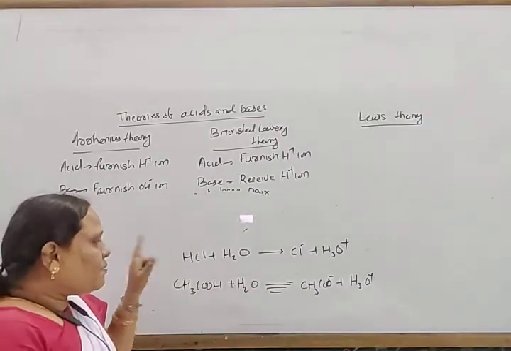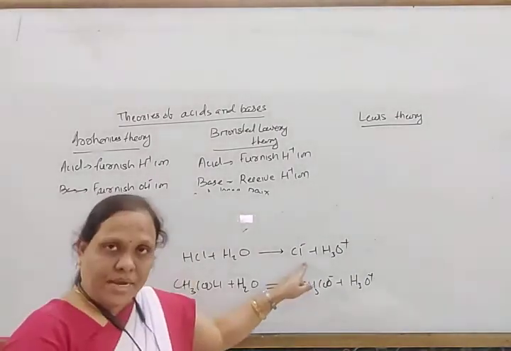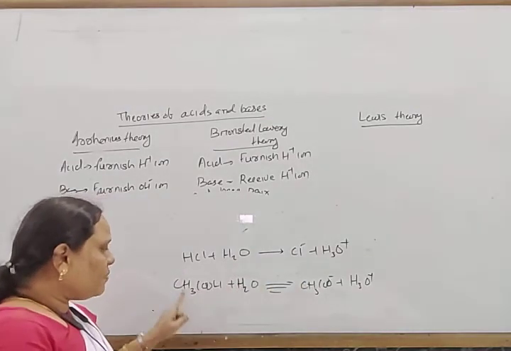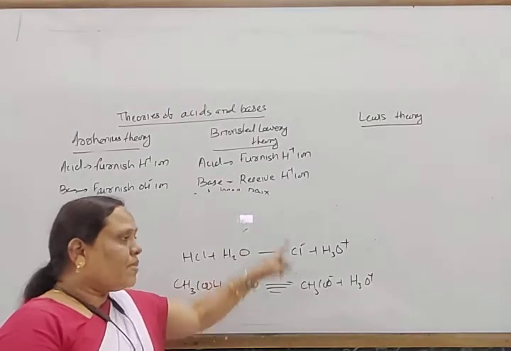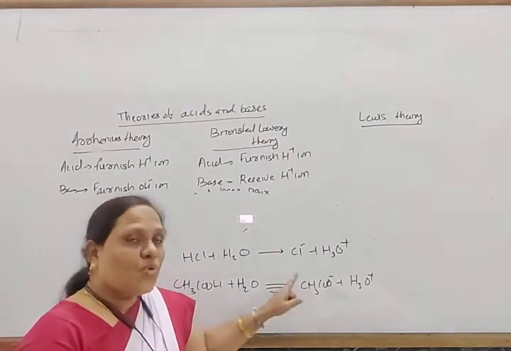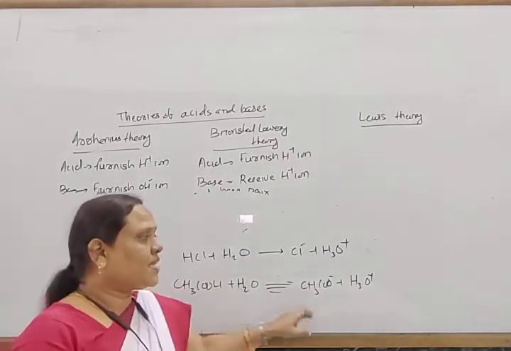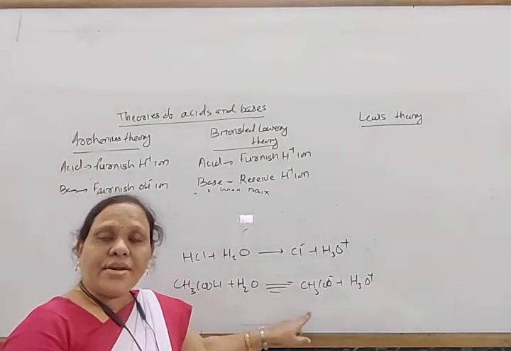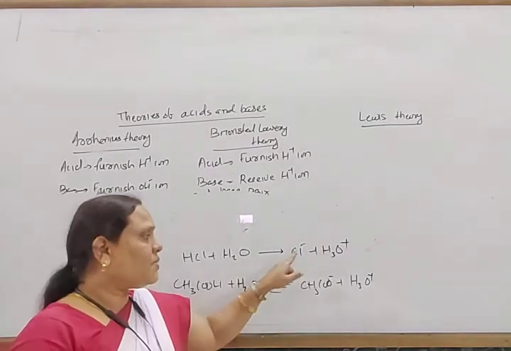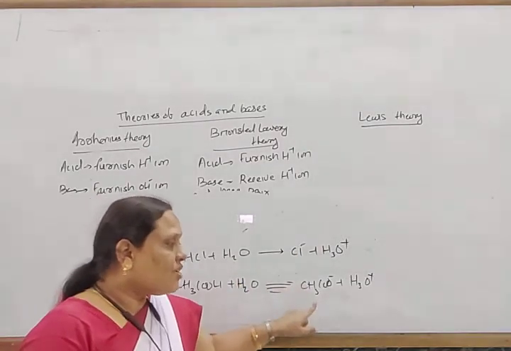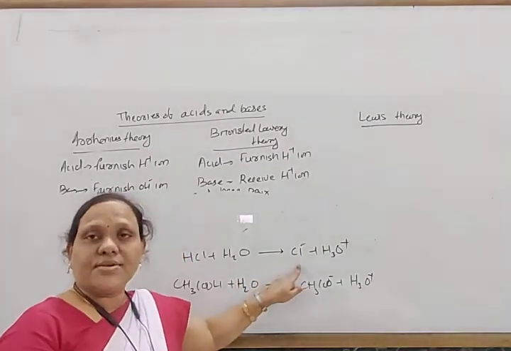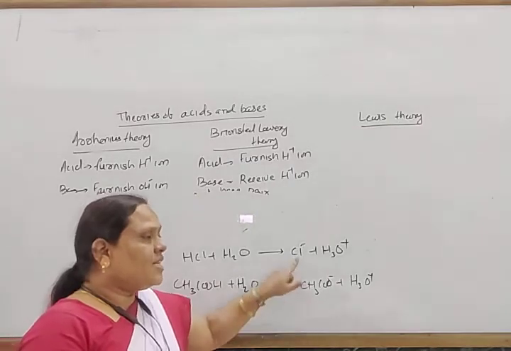So the conjugate base of HCl is Cl minus, and the conjugate base of CH3COOH is the acetate ion, CH3COO minus. If you compare these two, the acetate ion has more tendency to receive an H plus ion than the Cl minus ion. In this way, HCl is a stronger acid than CH3COOH.